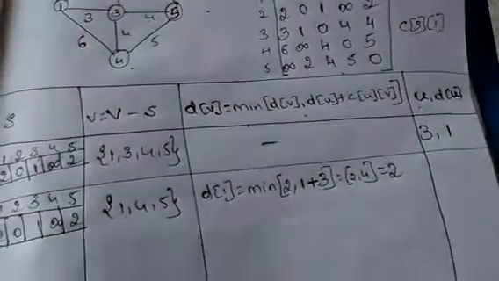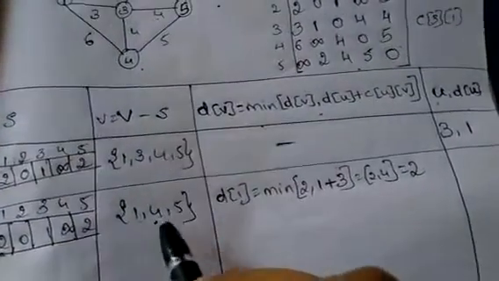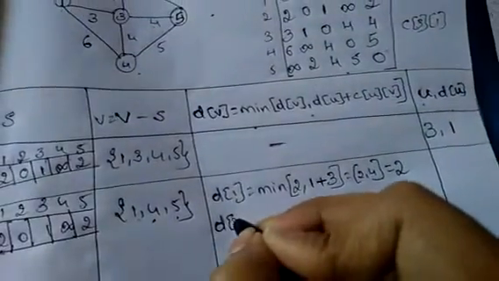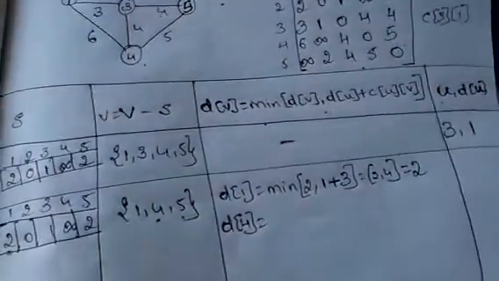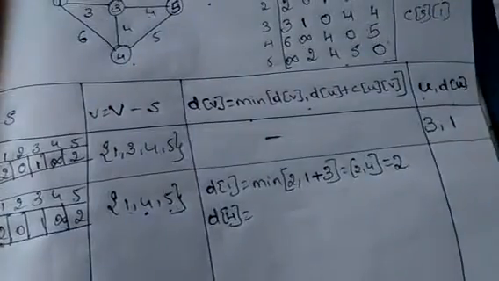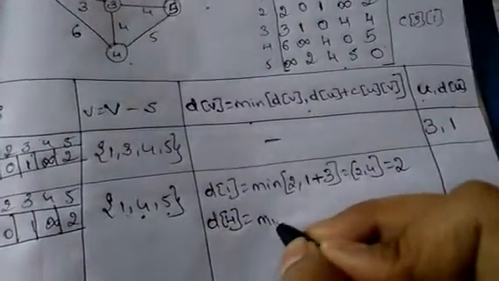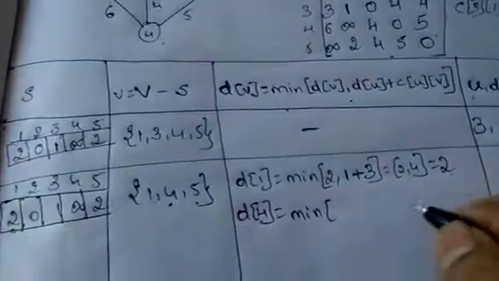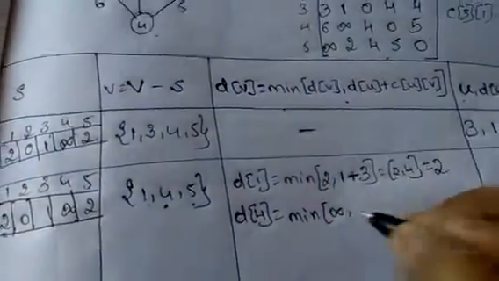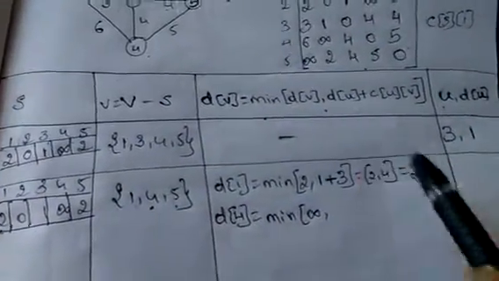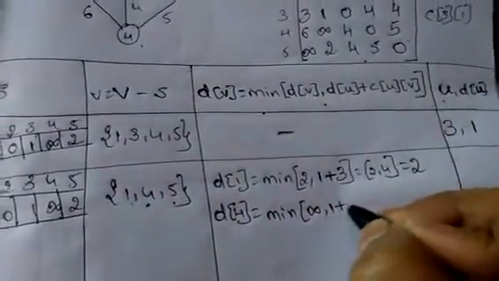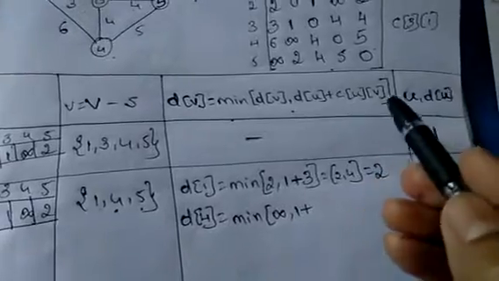So I'll just take this one. In the same way, for 4 and 5 you have to calculate. Now, the v value is 4. So I'll take d of 4. Okay, then min d of v. What is the weight here? Infinity. I'll just take it as infinity only. Then d of u. What is d of u? It is 1 itself. Plus C of uv.